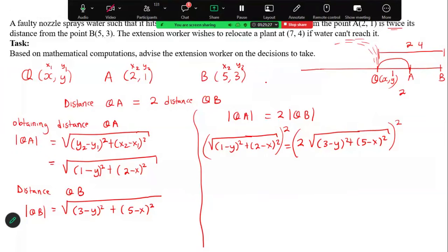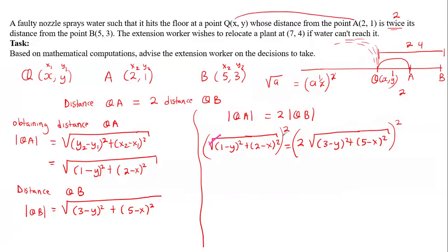Now when you square, you know that the root of a is the same as a power a half. But since you have now squared, the 2 and the 2 cancel. Please avoid doing it just by saying these ones cancel. Where does it come from? It comes from this indices knowledge.